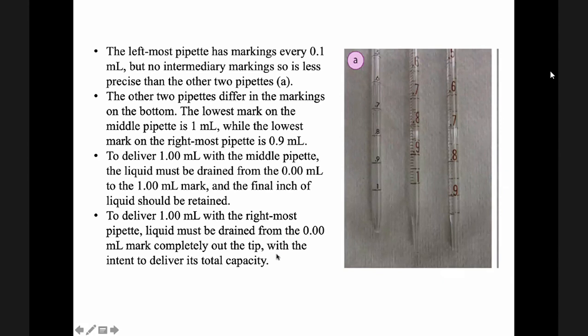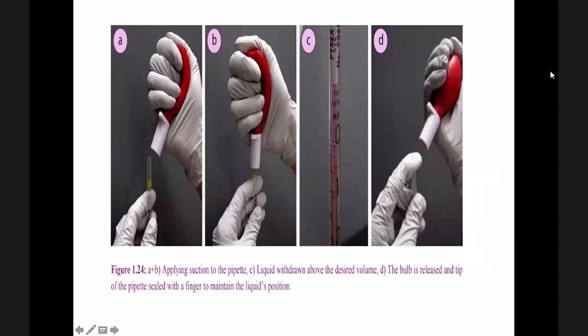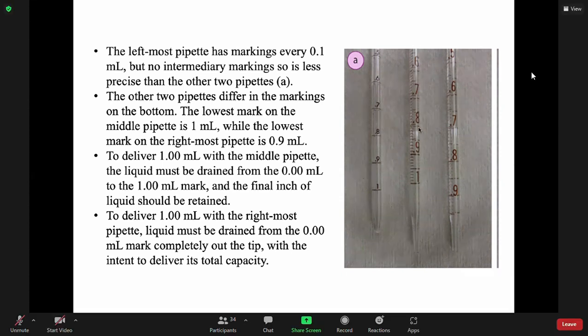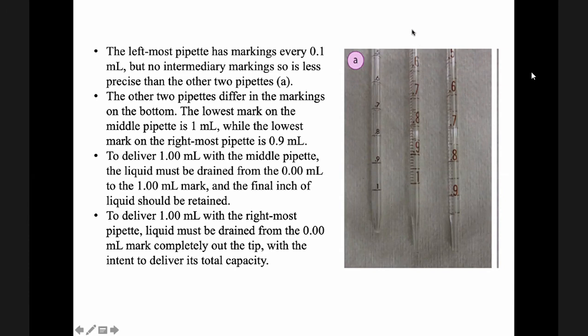So you no longer use the part below that. It should be from the top, which is 0, up to this last mark.